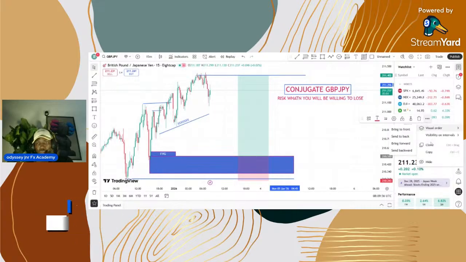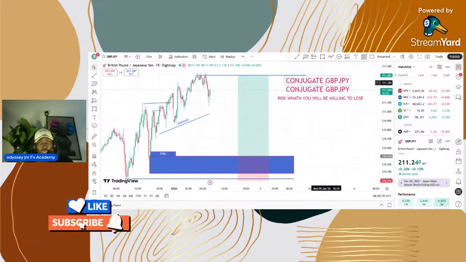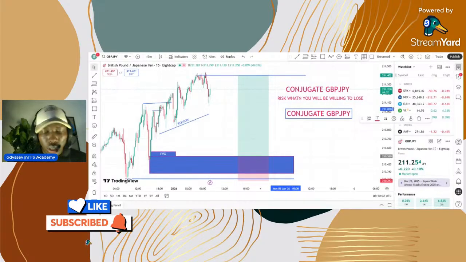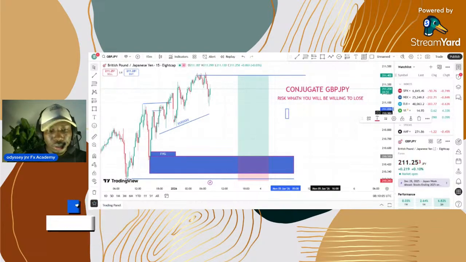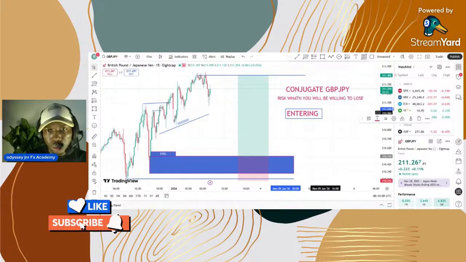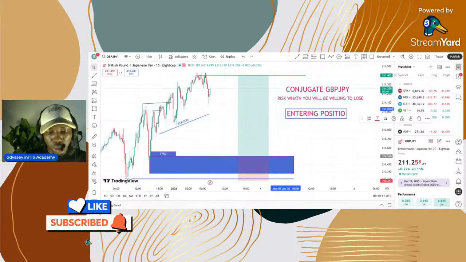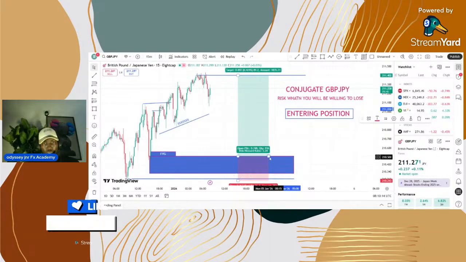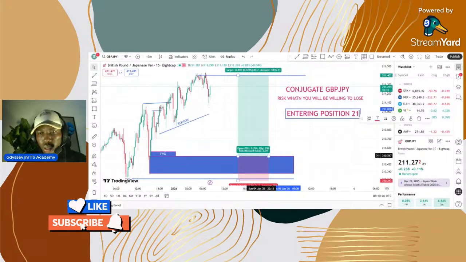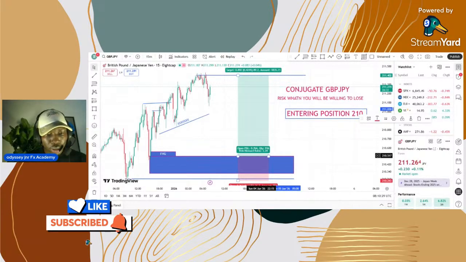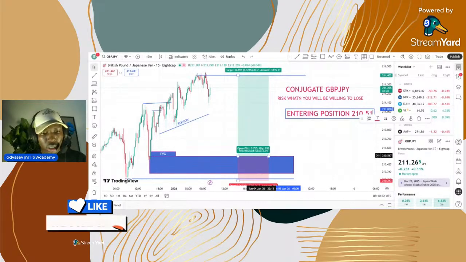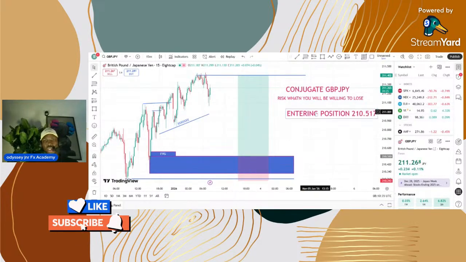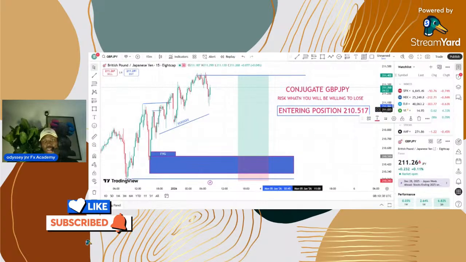Then the entry position is, we are entering on 210.4517 entry position.